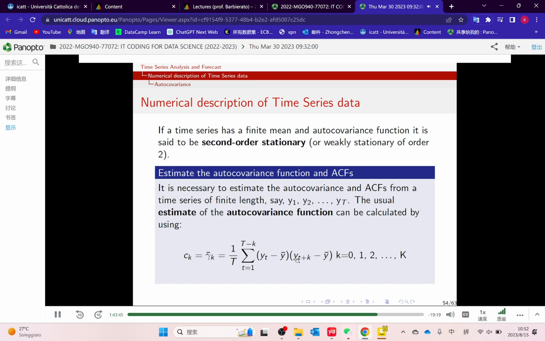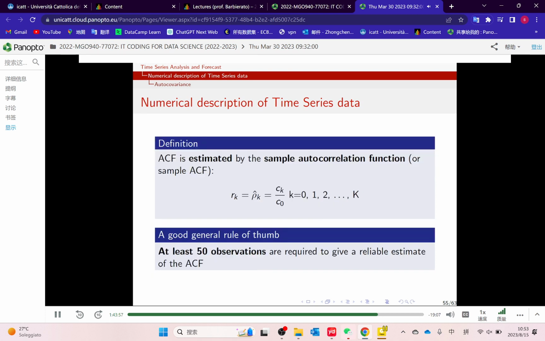So it keeps in mind the definition of autocovariance, and this is just normalized by the size of the period, the time dimension you are considering. The final estimate of the correlation function that you obtain by a sample is determined just by this ratio here.